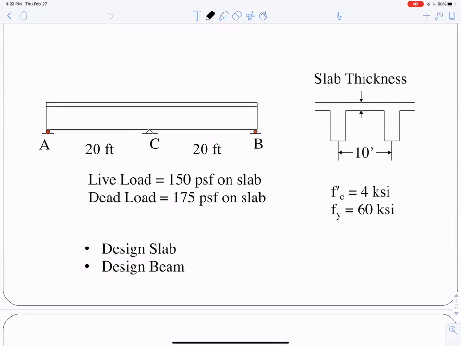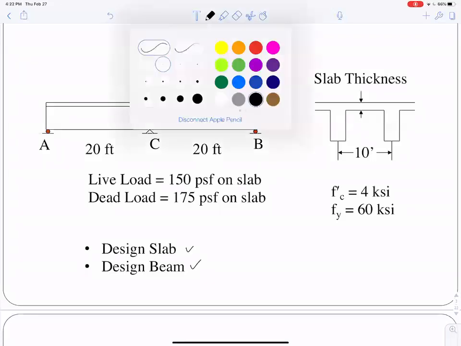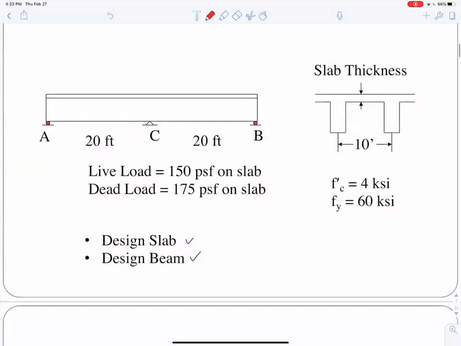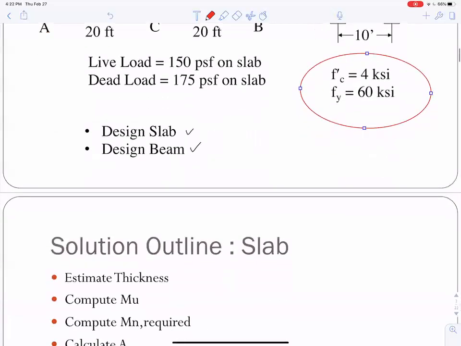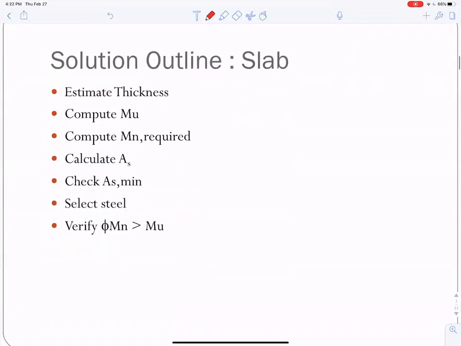Okay, so design the slab, design the beam, and we are using our typical 4 KSI and 60 KSI combination. The solution outline for the slab is to estimate the thickness, compute the moments for a unit width of 1 foot, compute the MN required, get the calculated steel.